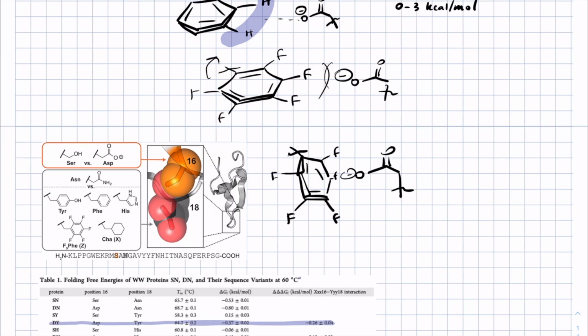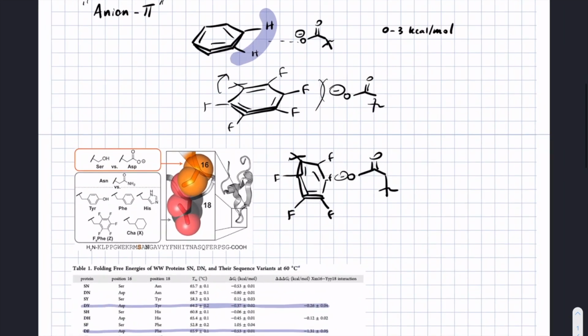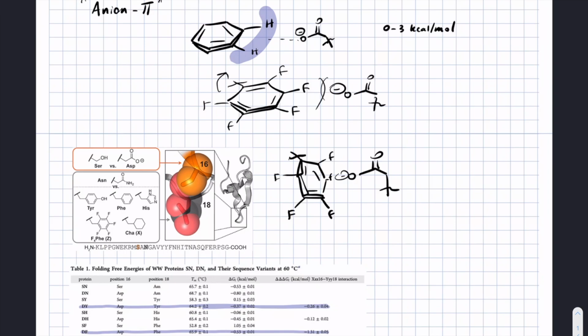Now it's the face that's electron poor and the edge that's electron rich.